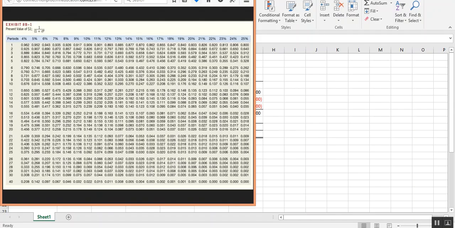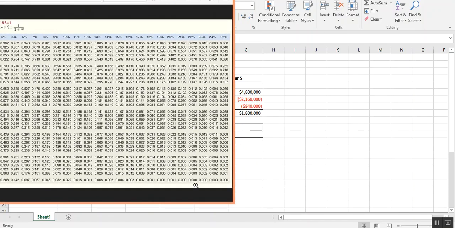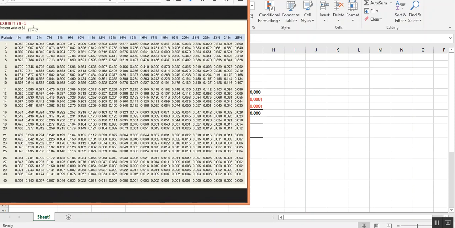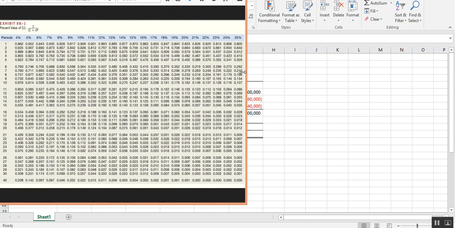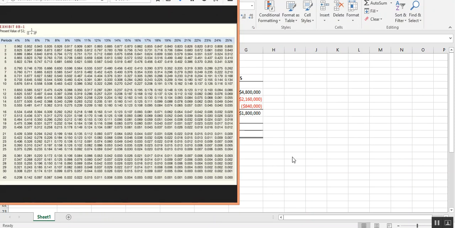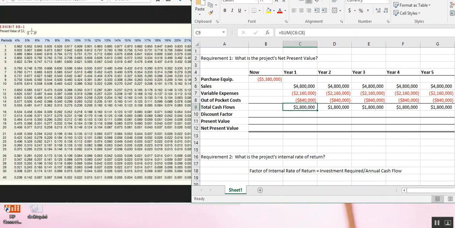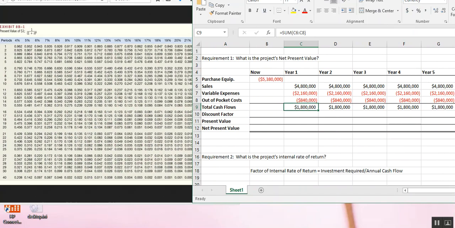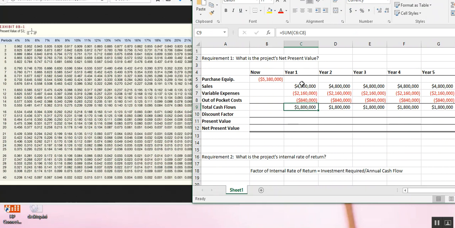So I'm going to try to minimize this, and maybe it's going to be big enough so we can see. And here is my chart. So in year 1, we need to find the discount factor that corresponds with 19% in period 1, and that is 0.840. So I'm going to put that in here.